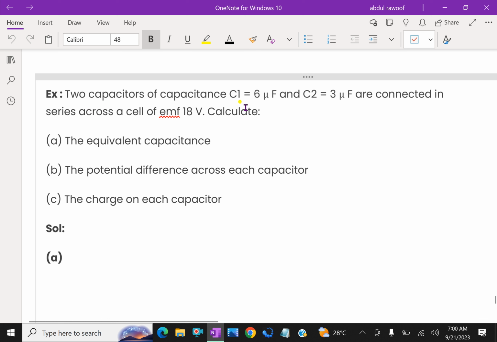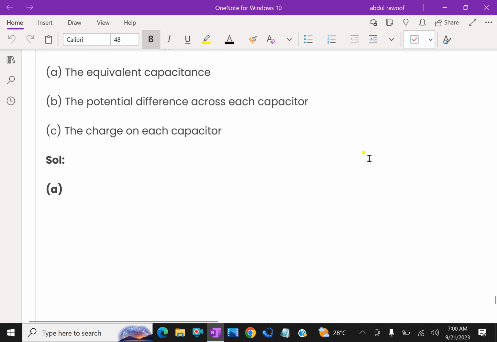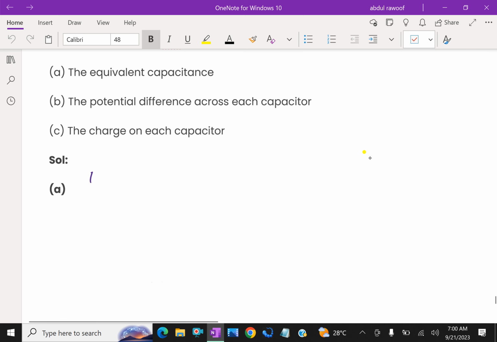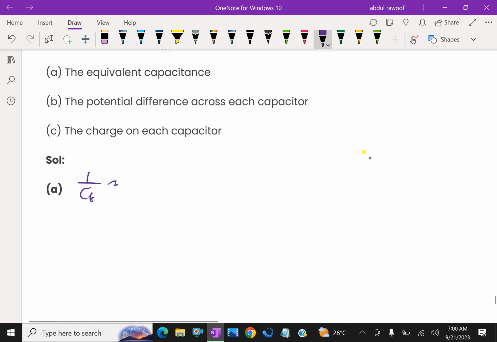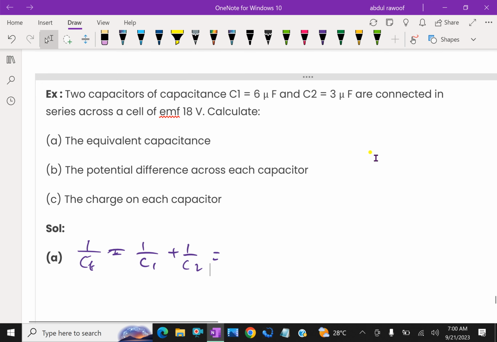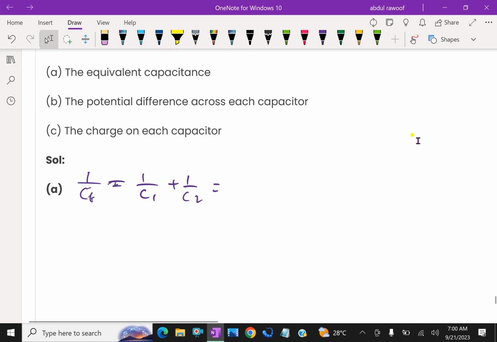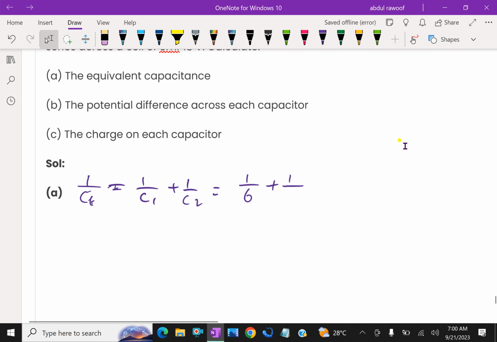Here, capacitors are connected in series, so the combination of these capacitors is given by 1 over CT equal to 1 over C1 plus 1 over C2, equal to 1 over 6 plus 1 over 3.